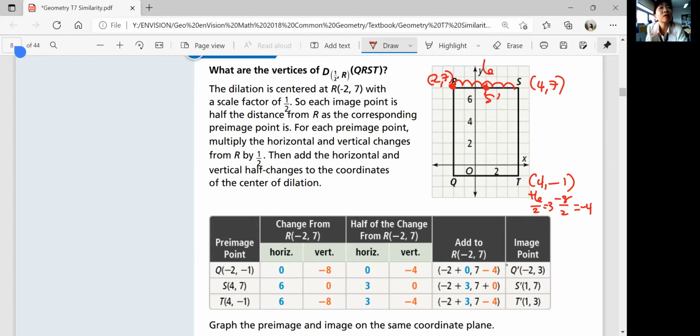So you add +3 on -2, and then you have 1. 7 minus 4 is going to be 3. So right here, 1, 3 is your new T prime. And same for Q. Okay, and then that is your half rectangle after dilation.